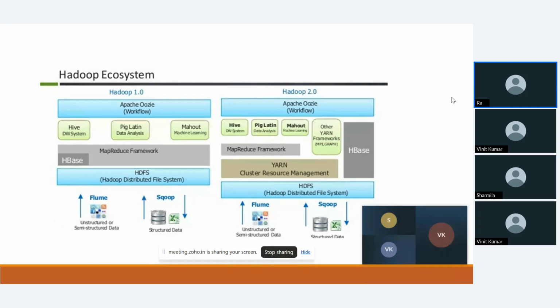But if you see in the background, HDFS is still getting used, but Yarn and MapReduce have been replaced by Spark itself. But still, for cluster management, Yarn is still getting used. In the background, we are still using Yarn for cluster management.